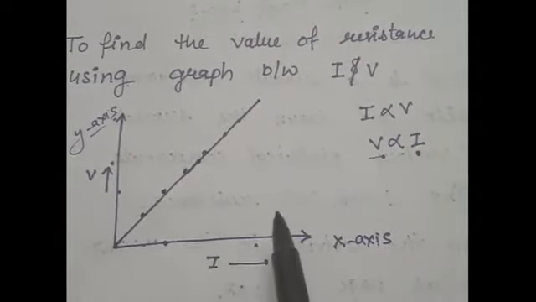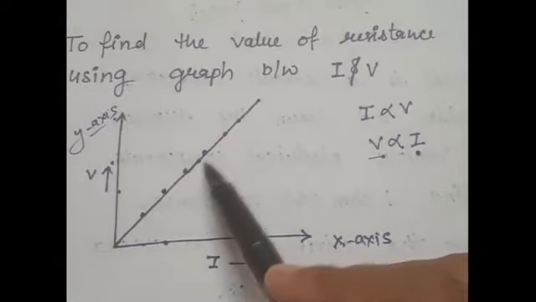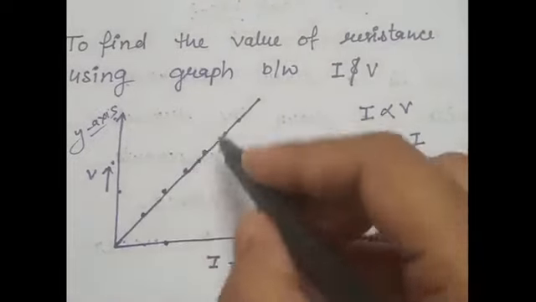Now here we know the values of potential difference and the current. Now how to calculate the resistance from here? You choose any 2 points on this linear line.